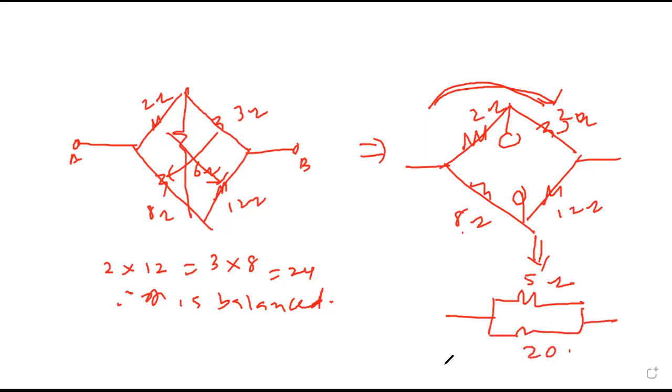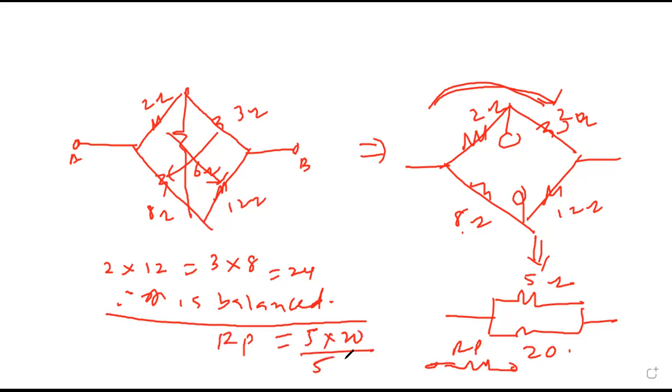And this equivalent will be my final answer. For two resistances in parallel, 5 and 20, it is product upon sum. So 100 upon 25, so Rp equals 4 ohms. Answer 4 ohm, option A.